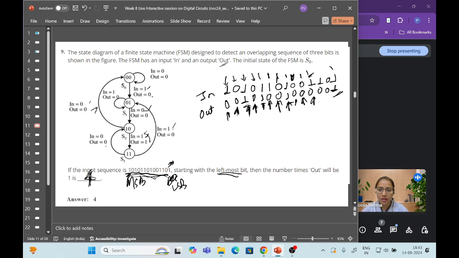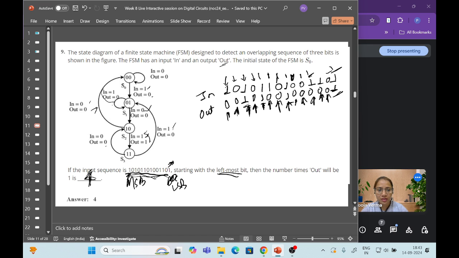It moves again to 01. Now next in is 1, so it remains in the same state, and the corresponding out is 0. Noted down. Again in is 0, so it is moving again from 01 to 10, and the corresponding output is noted down.